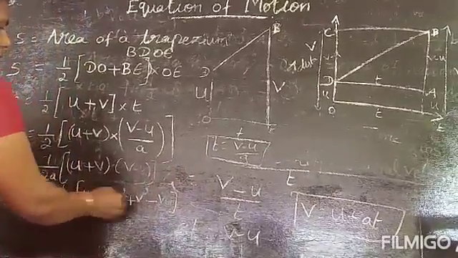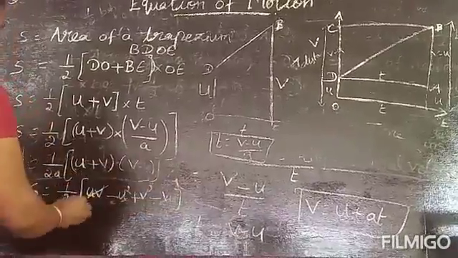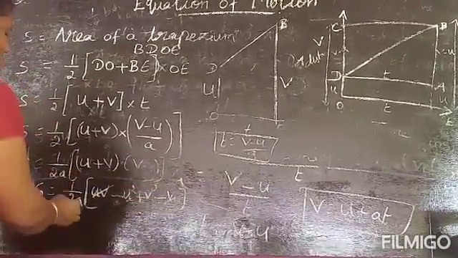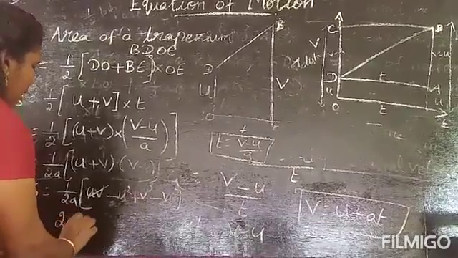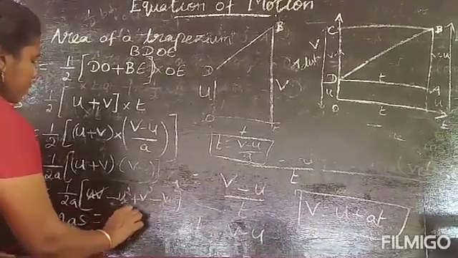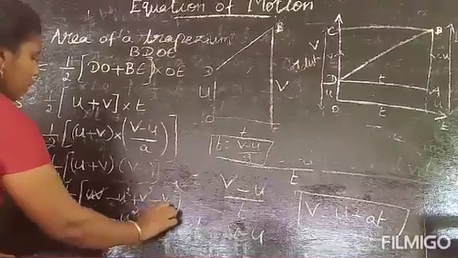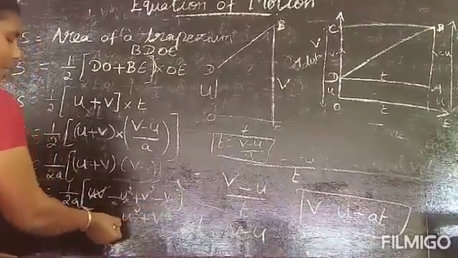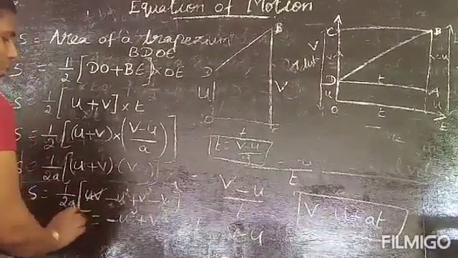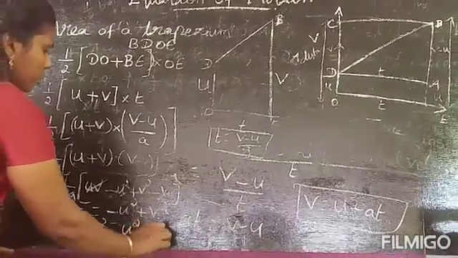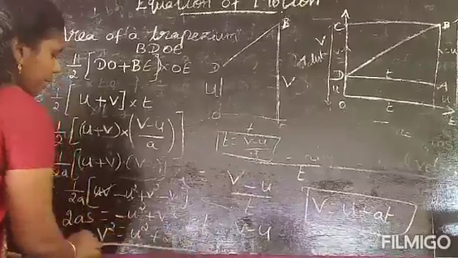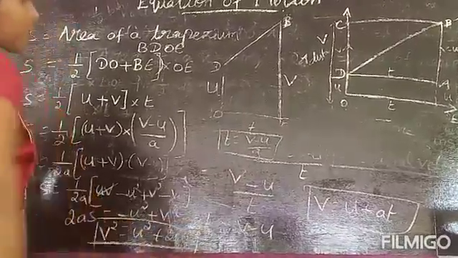Now this UV and minus VU cancel, so you will get S equal to, this 2A we have to multiply here. So 2AS equal to minus U square plus V square. Now this minus U square you take this side, so you will get V square equal to U square plus 2AS. Like that we have to derive the three equations.